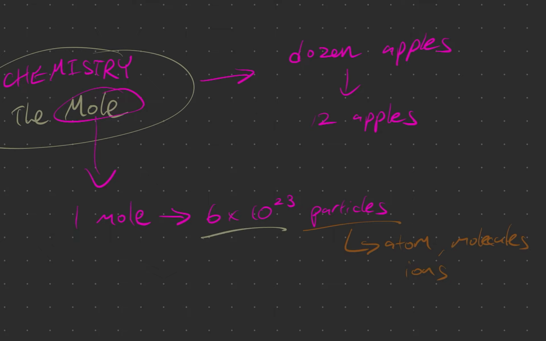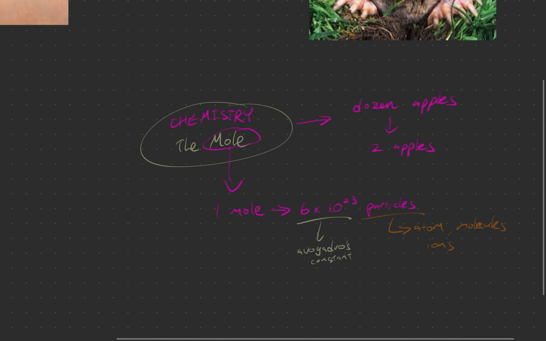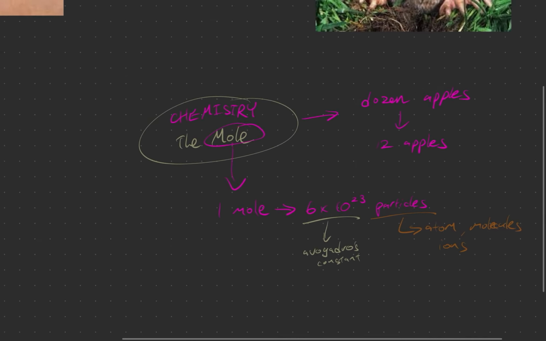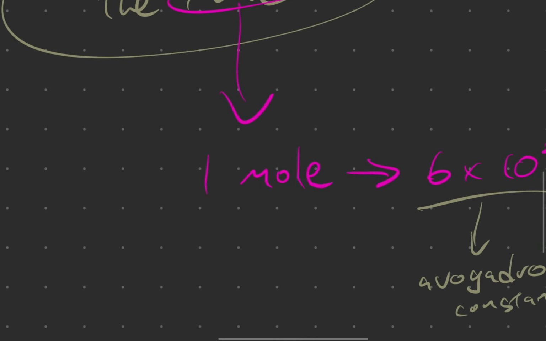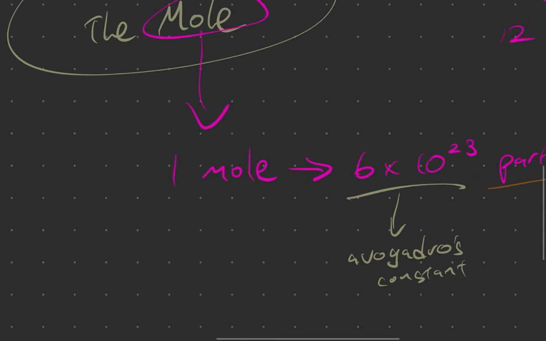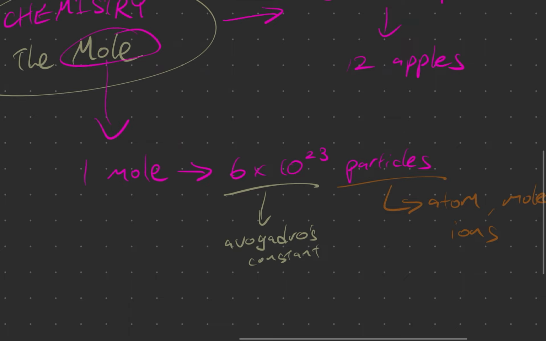So this number over here is Avogadro's constant, or number, whatever you want to call it. When I have 1 mole, it means I have 6 times 10 to the power of 23 particles.